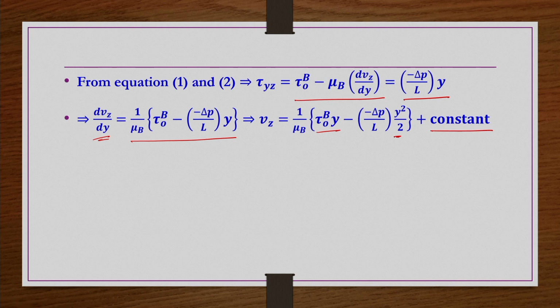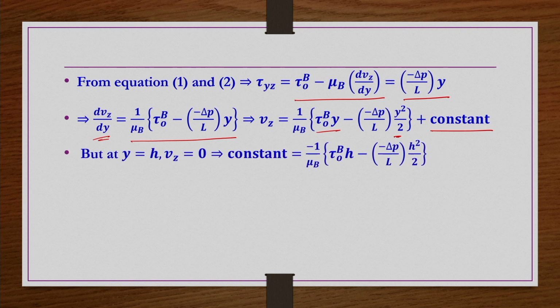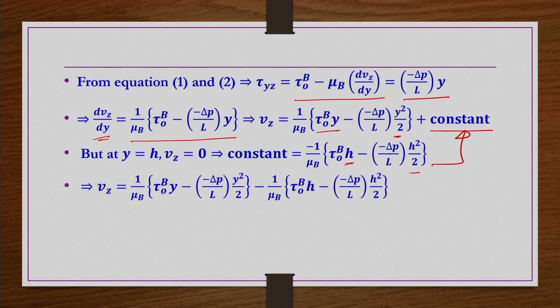Now the boundary condition is the same: at y equals plus h, Vz is 0 because of the no slip boundary condition, and the constant comes out as minus 1 by mu b multiplied by tau naught b h minus delta p by L h square by 2. Now we substitute this here, and after substituting we combine the terms.